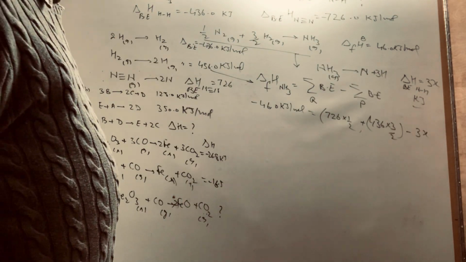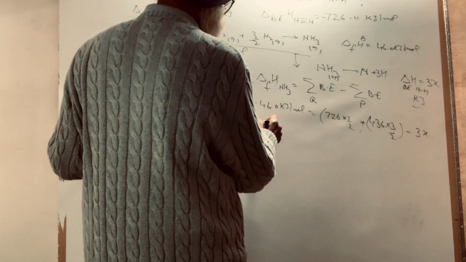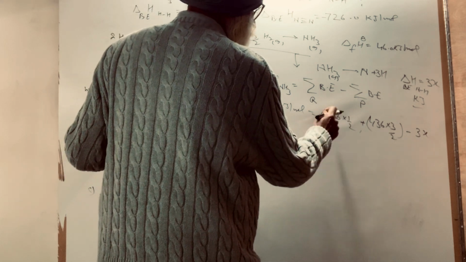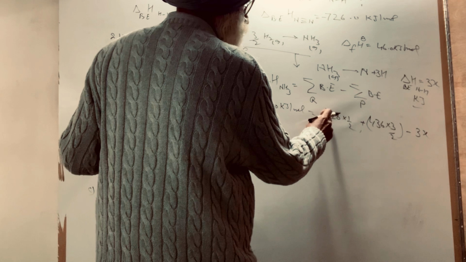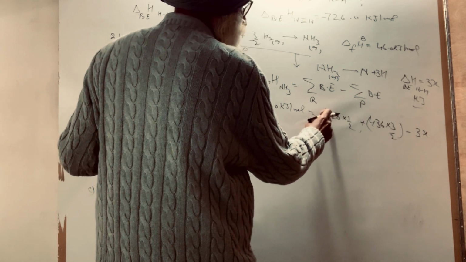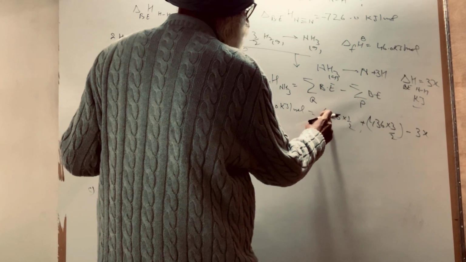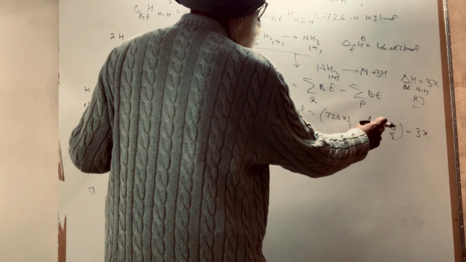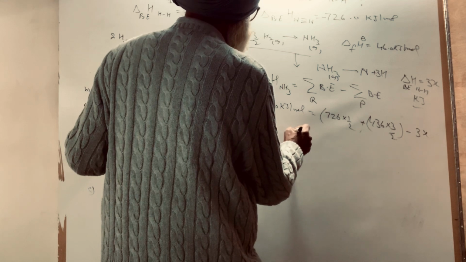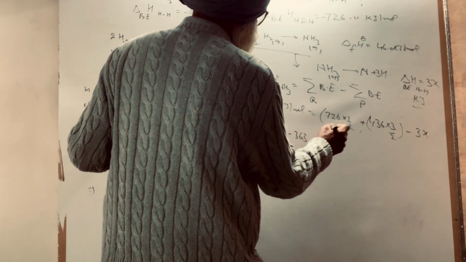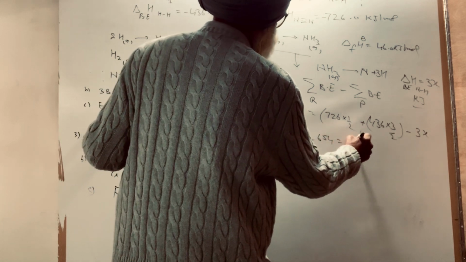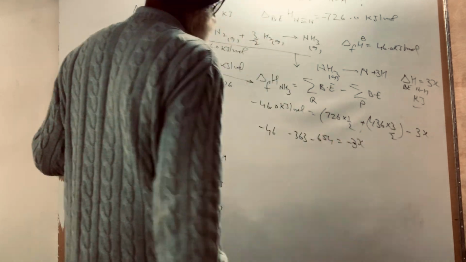So here you will be getting this minus 46. This is 726, half will be 363. This is 218, 654. This is 363. Then you are having 654. Answer is equal to 3x.